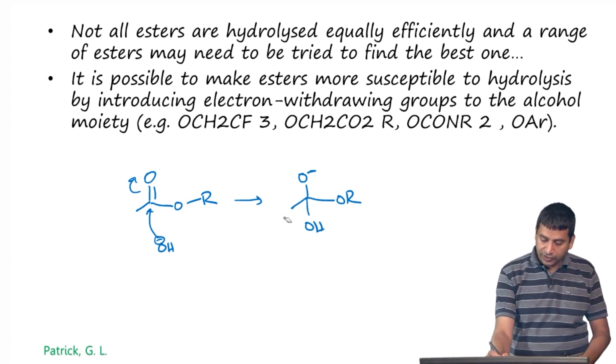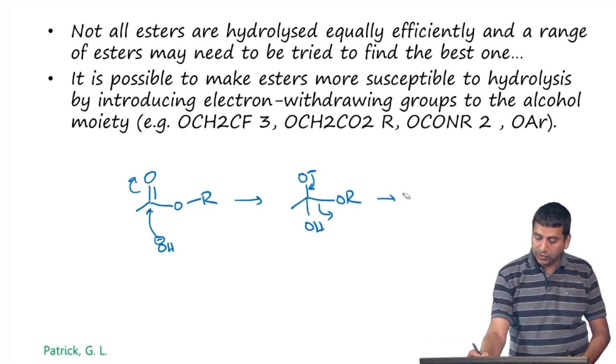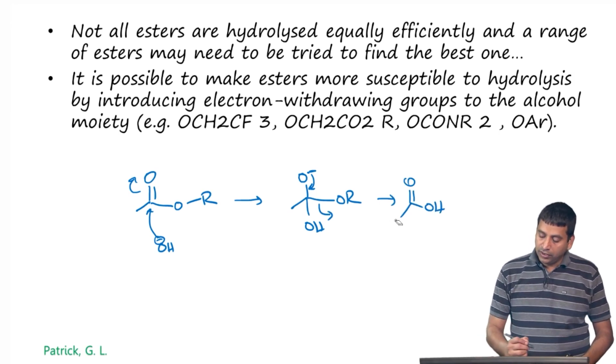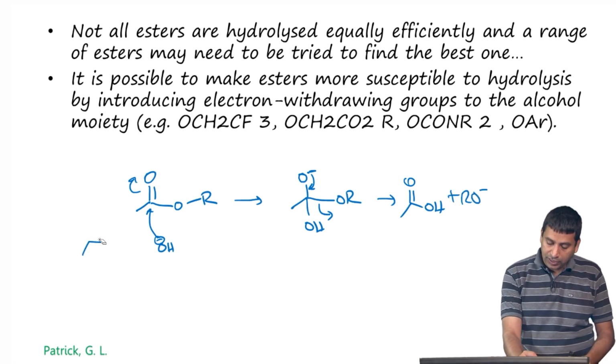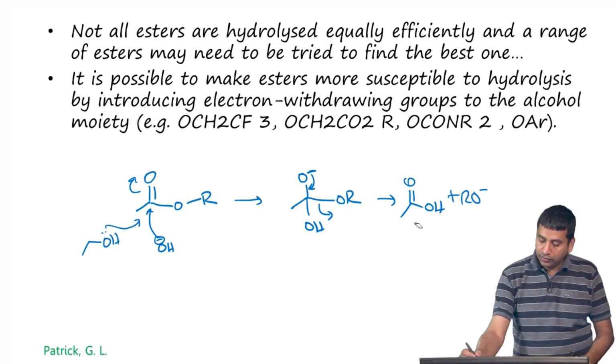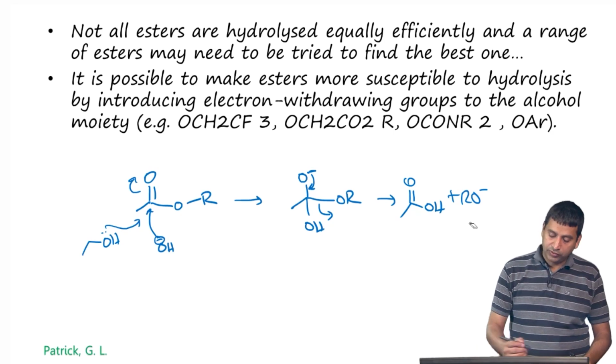So, it will give you this tetrahedral intermediate, which then collapses to kick out RO minus to give you the carboxylic acid, right. Now, if you had a serine in the active site doing the same function, then you would get the same product and RO minus. Okay.